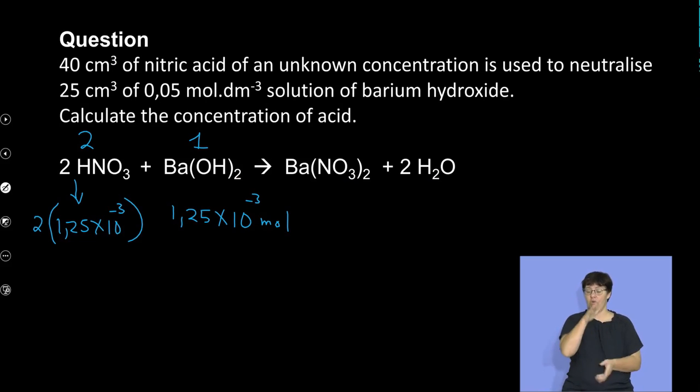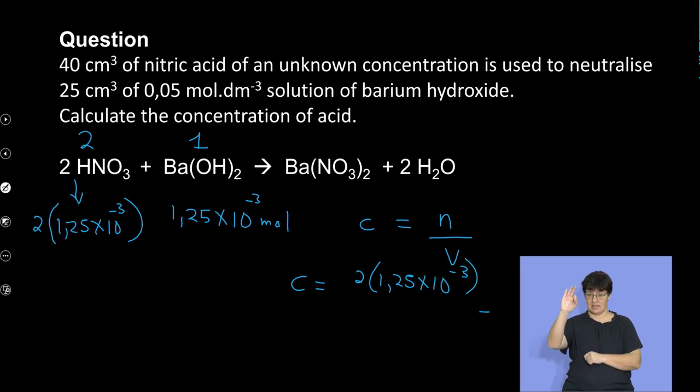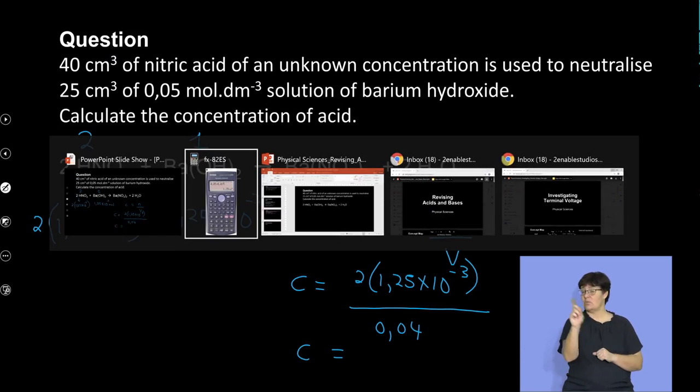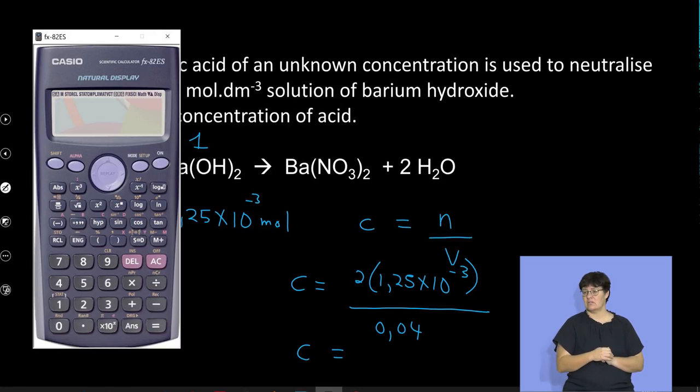Now, if we want to find concentration, we know that concentration is number of moles per unit volume of solution, right? So the concentration is 2 times 1.25 times 10 exponent minus 3, divided by the volume, which is 40 cubic centimeters. 40 is 0.04 cubic decimeters. So C becomes 2 multiplied by 1.25 times 10 exponent minus 3, which is double the number of moles of barium hydroxide.